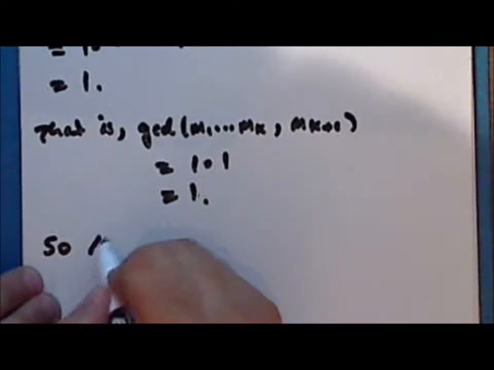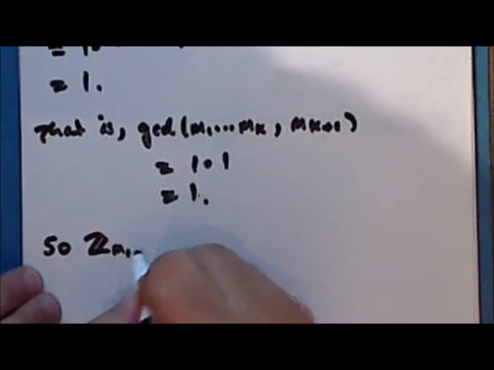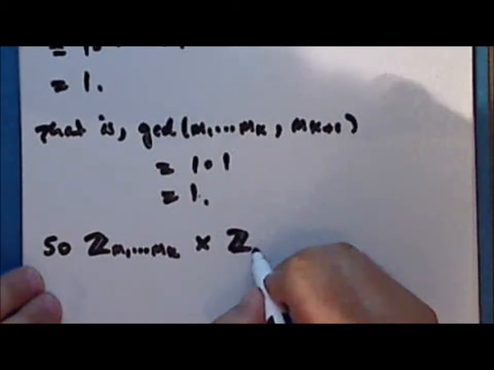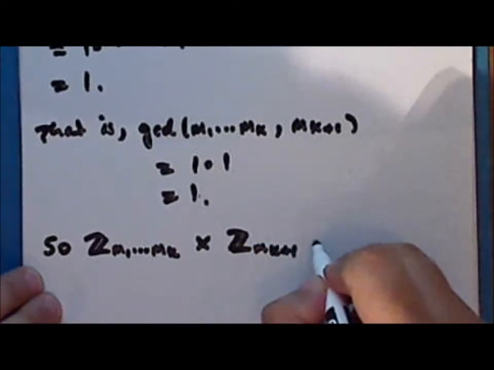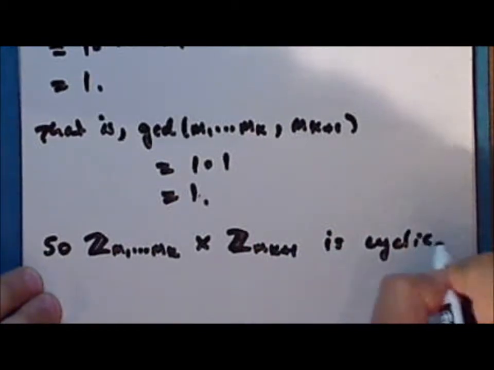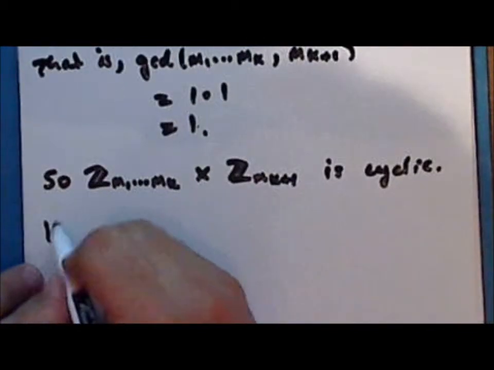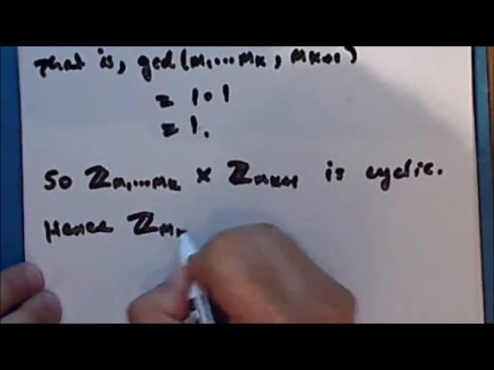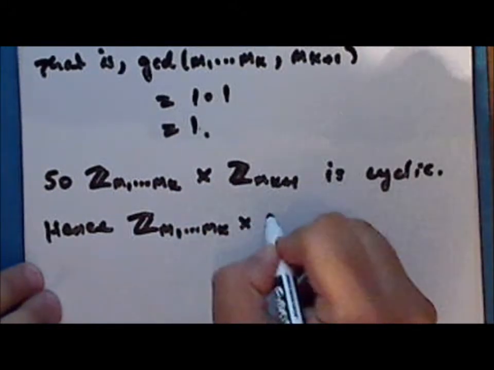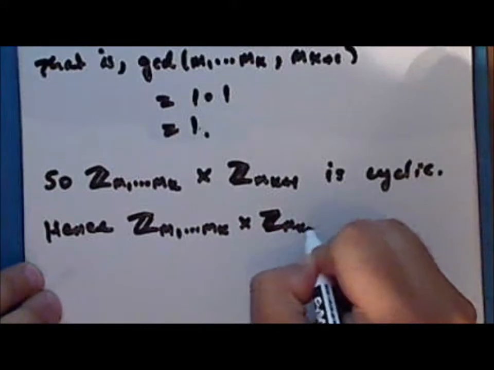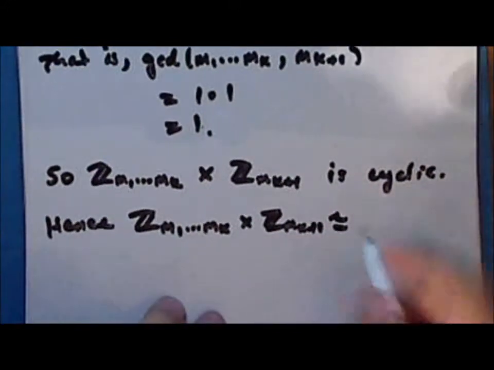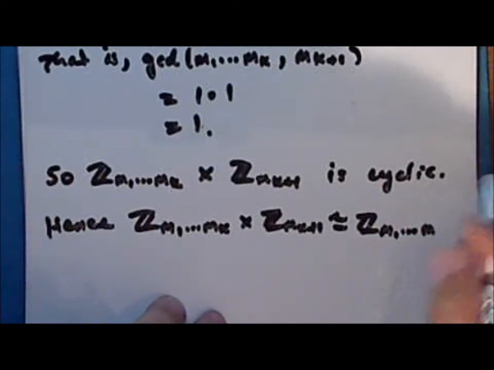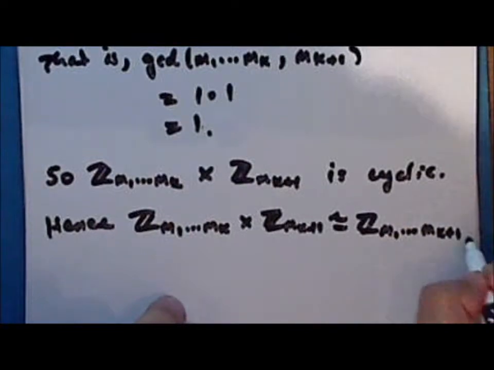And so the product of the integers modulo m sub 1 through m sub k times the integers modulo m sub k plus 1 is cyclic. And hence this product is isomorphic to the integers modulo m sub 1 times, and so on through m sub k plus 1.